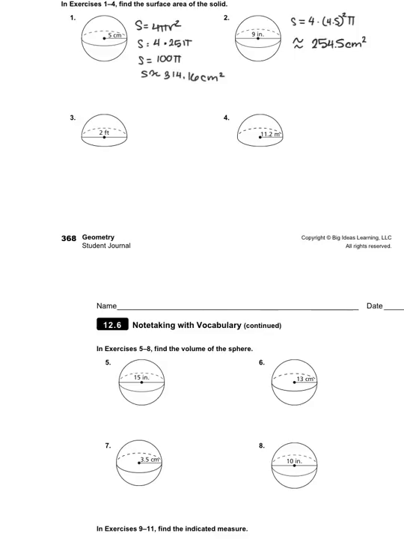Okay, so if we look at questions 3 and 4, these are actually hemispheres, which means that they're half of a sphere. So the circumference of the bottom is actually going to be a great circle. Now, I want you guys to be very careful when we're talking about surface area. Surface area, as we mentioned a few lessons back, is going to be the lateral area plus the base, right?